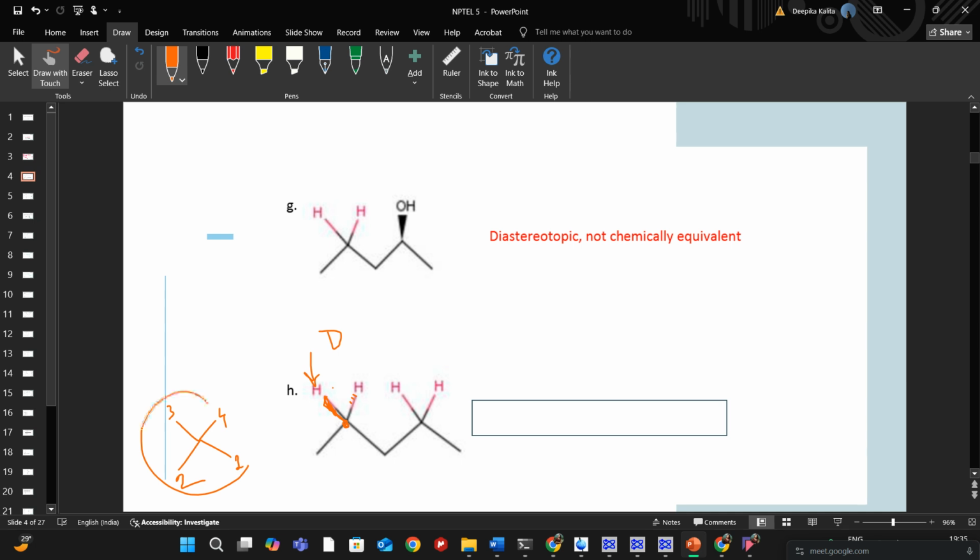Hence, the absolute configuration will be R. And next, if we replace this proton by deuterium, it will be somewhat like this.